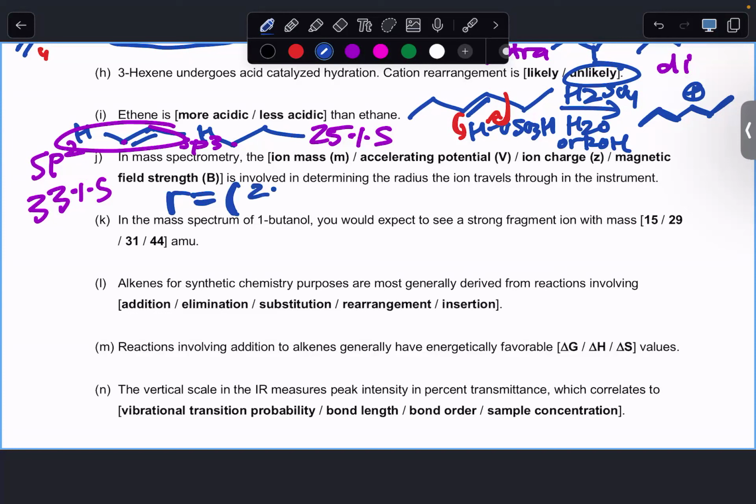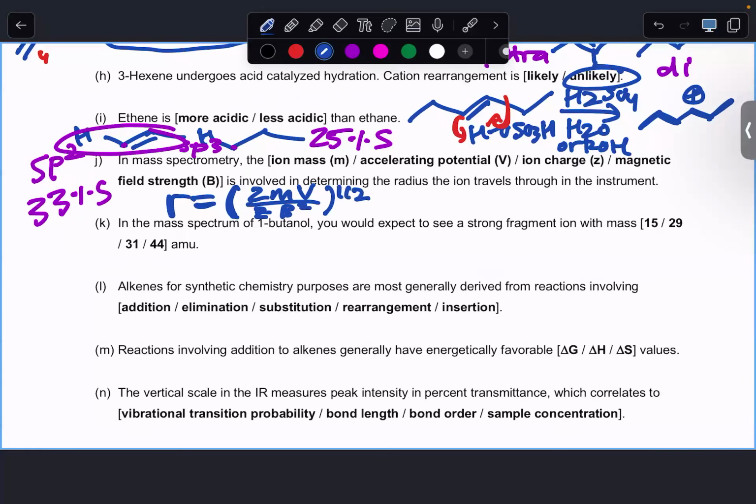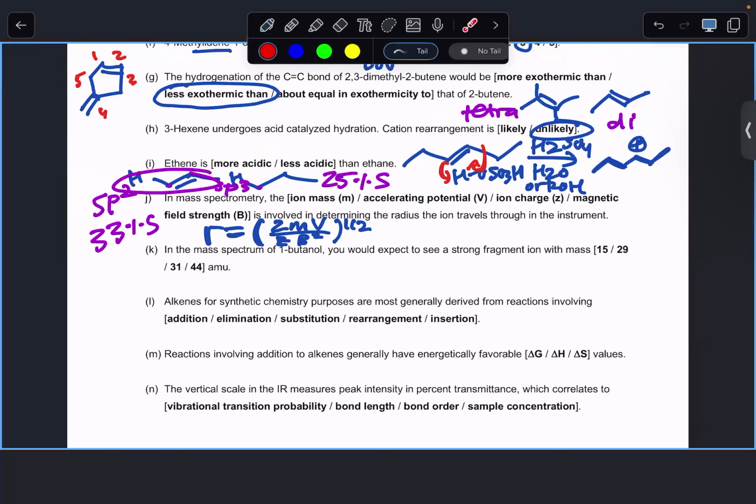Yeah, radius equals 2 times mass times the accelerating potential over charge times magnetic field squared, all to the power of 1/2. We see that all of these factors are included within the equation.